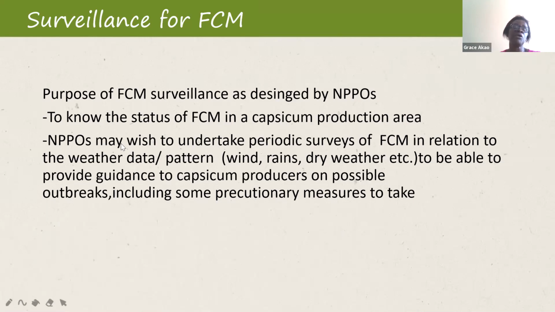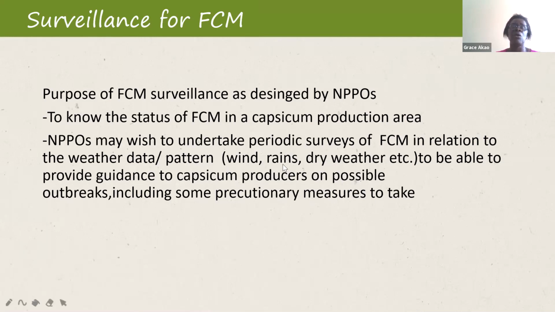So you as NPPO may also wish to undertake periodic surveys in relation to the pattern of weather. If you are planning to take periodic surveys, it will help you have information that you can use to guide the producers. So your planned periodic surveys should obtain data that you can use for guidance and for providing alerts.